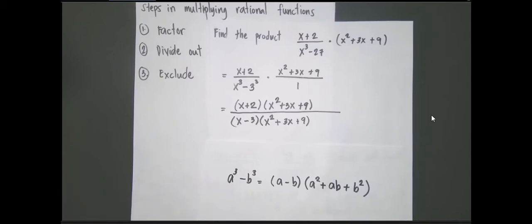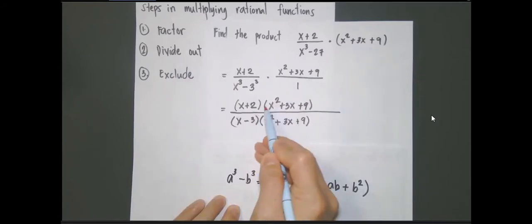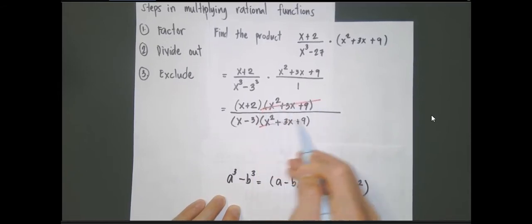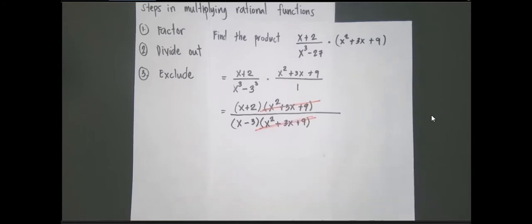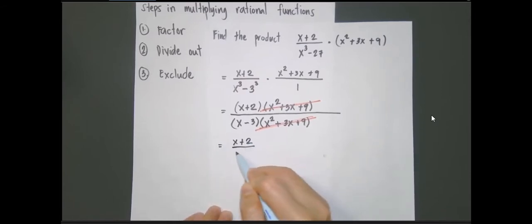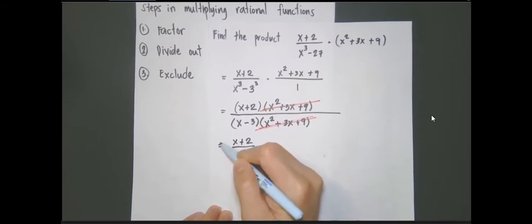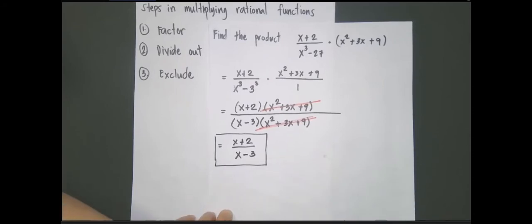From there, you can easily divide out the common factors. Now we are left with x plus 2 over x minus 3. So this is now our simplified form.